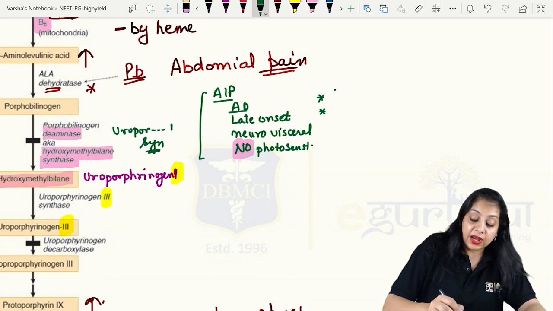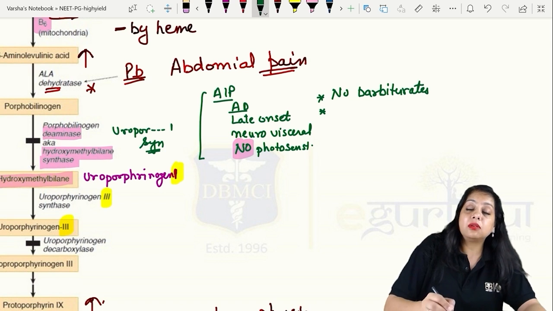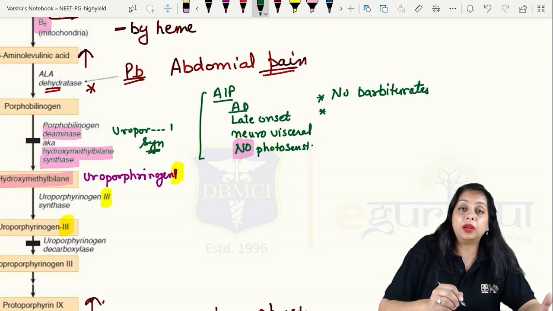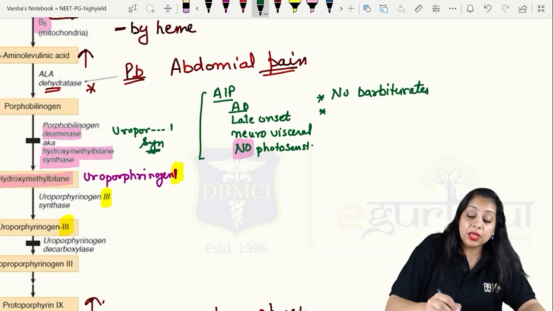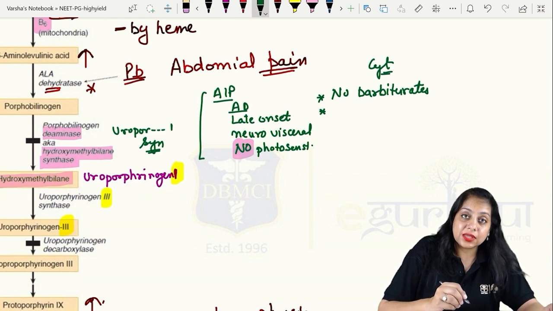In these patients, another important point, as AIP has been asked: these patients are never given barbiturates, because that will lead to drug-induced porphyria. To excrete the barbiturates, you have to break them down, and for that you need the cytochromes. Cytochromes are heme containing, so you have to synthesize heme, which will induce the porphyria.